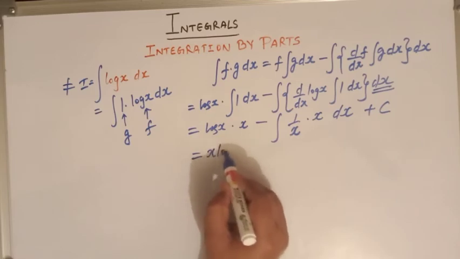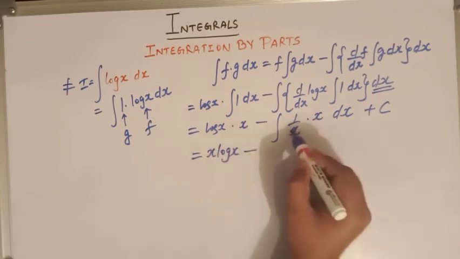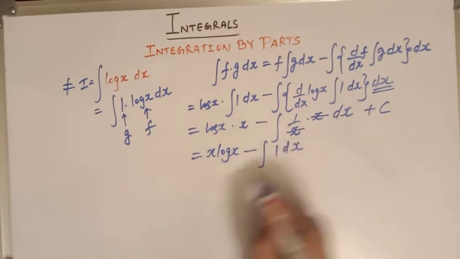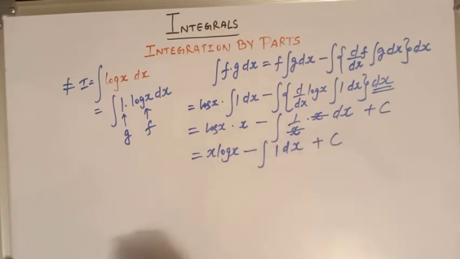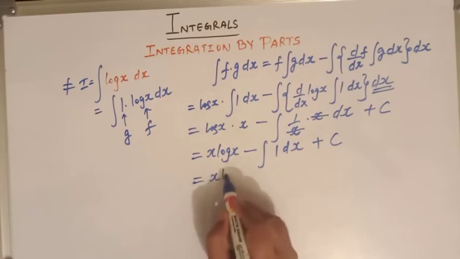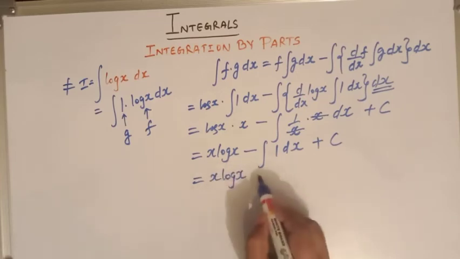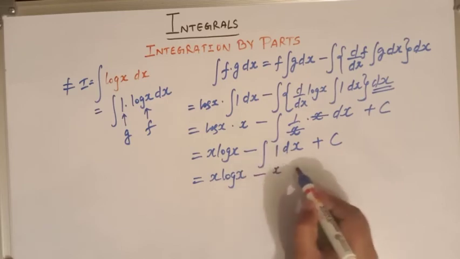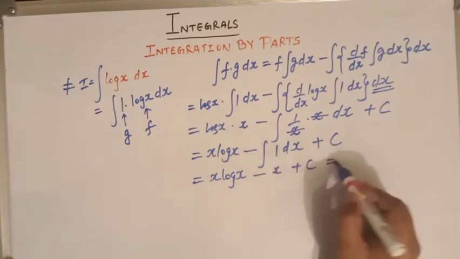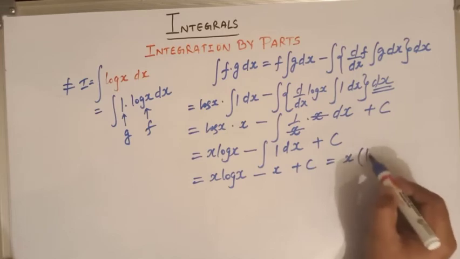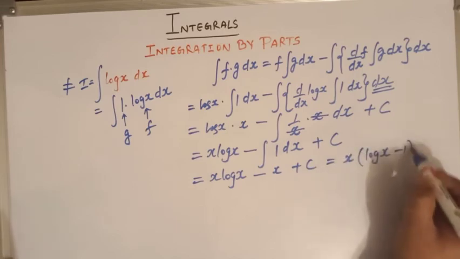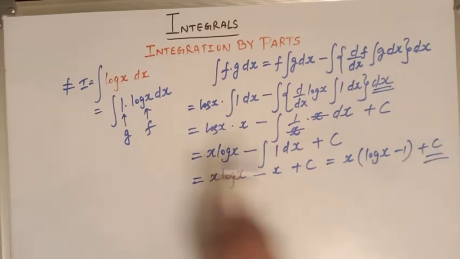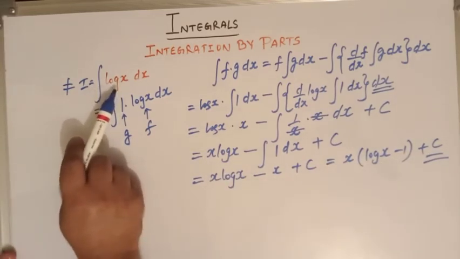So this can be written as x log x minus the integral of x over x, which is the integral of 1 dx, plus c. This can be written as x log x minus x plus c. So this is the integral of log x.